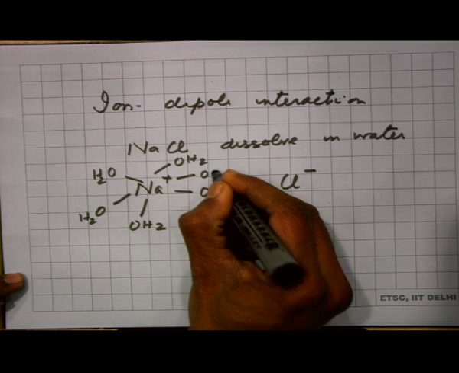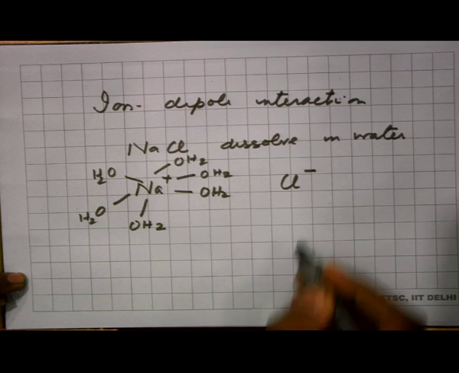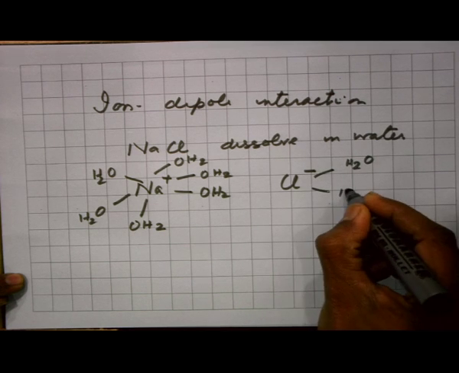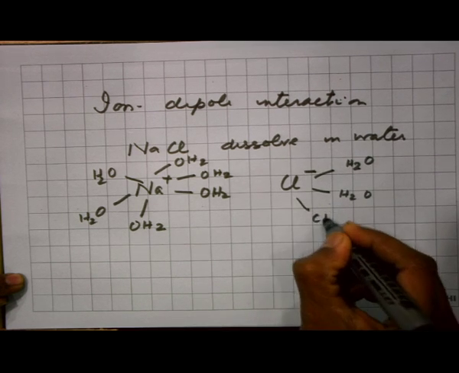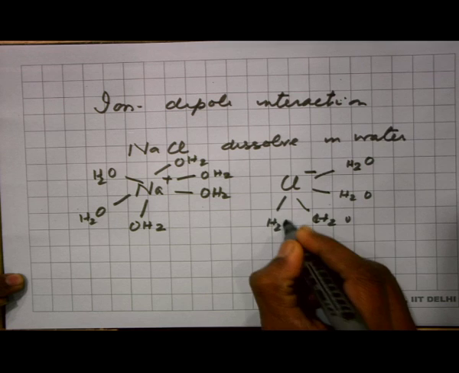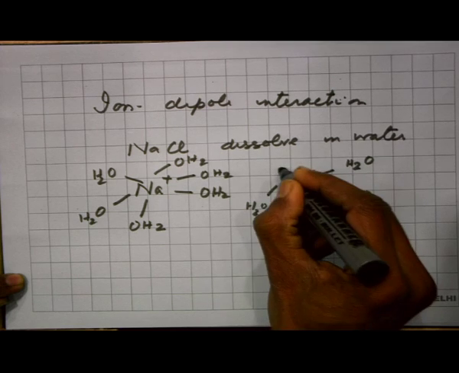There are a number of layers of water molecules around it. We have just drawn the first layer around the sodium ions, and similarly for the chloride ion. And there is an interaction which leads to this kind of behavior in these systems, and that is the one that we are trying to understand now.